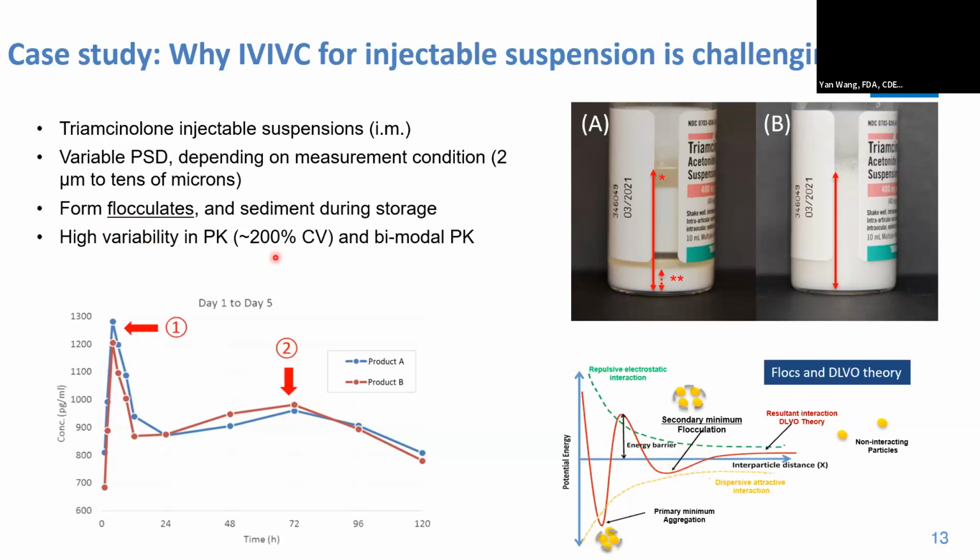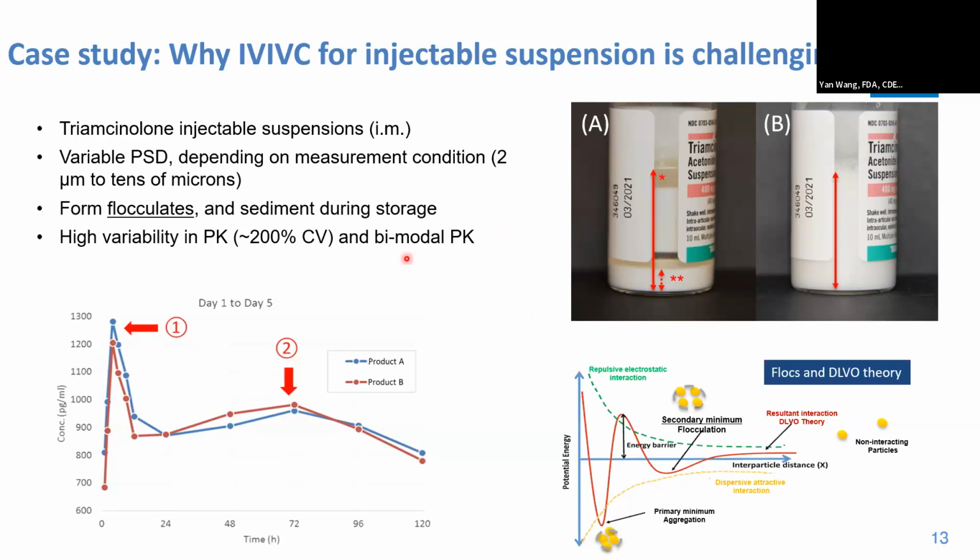So it forms flocculates, and the sediment is loosely packed flocculates with different particle sizes. And one thing, not just particular to this product, I would think is a general observation for injectable suspension: a highly variable PK.